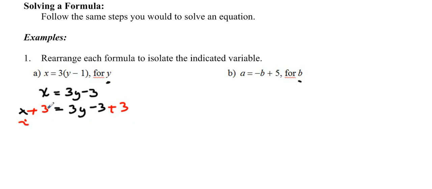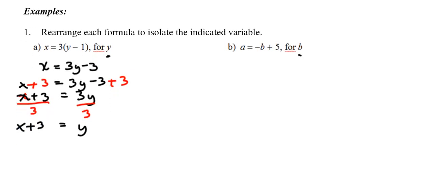Oopsie, I just used the black there. x plus 3 equals 3y. These cancel each other out. So now all I need to do is get y by itself by dividing through by the 3. I divide this whole side by the 3. So y ends up equaling x plus 3 over 3. Okay? Not too difficult.